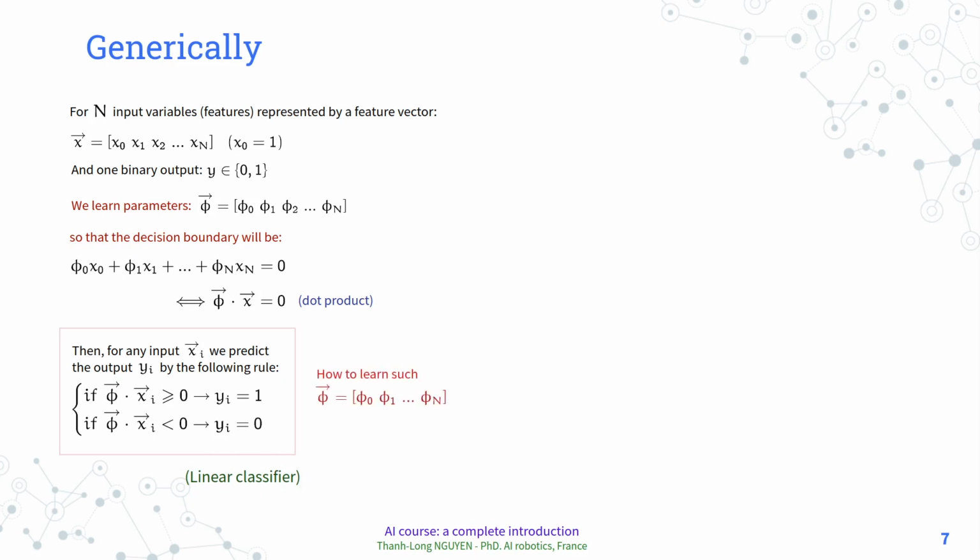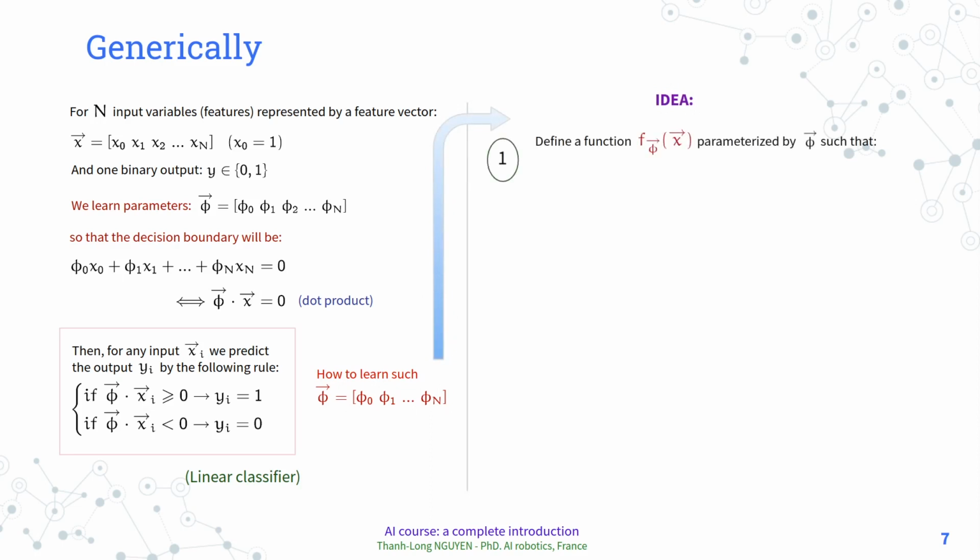However, we have to answer the following question. How to learn such parameters phi0, phi1 up to phin? And here is the proposed idea. First step, we define a function f of x parameterized by phi such that for any input xi, if phi.xi is greater than or equal to 0, then f of xi will predict yi as 1.